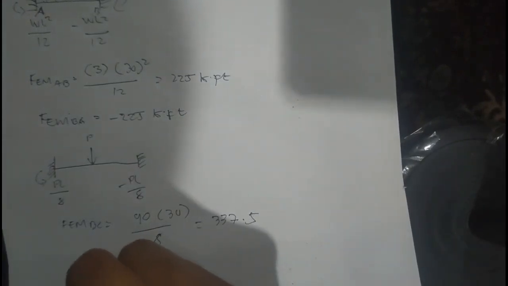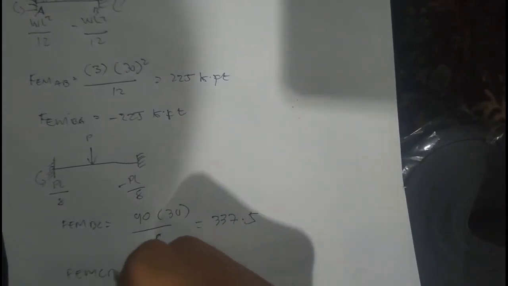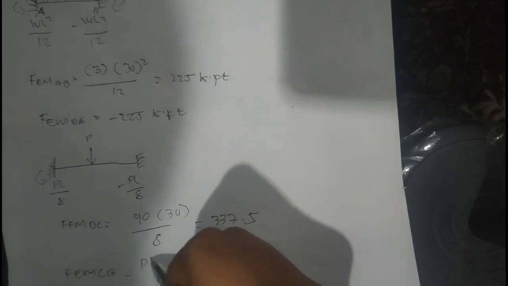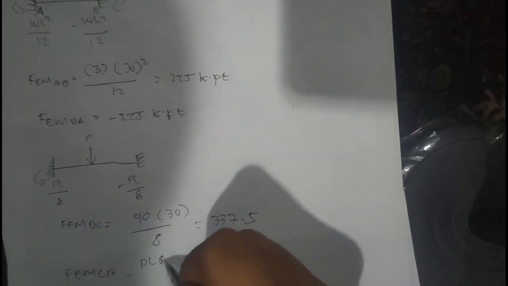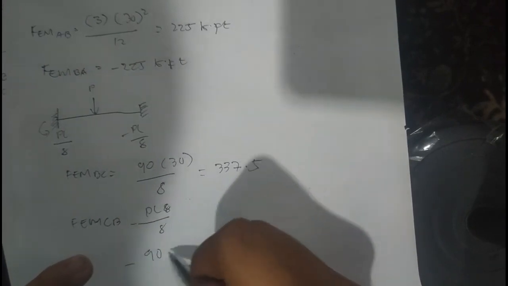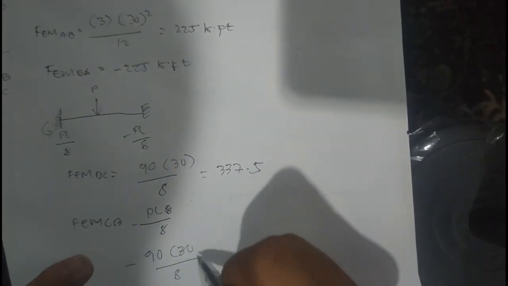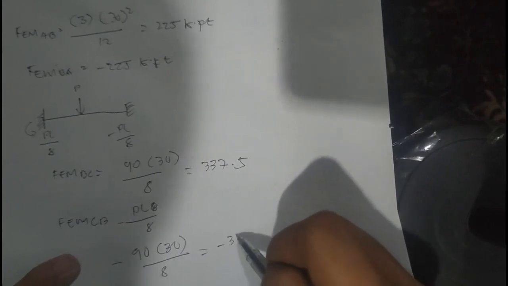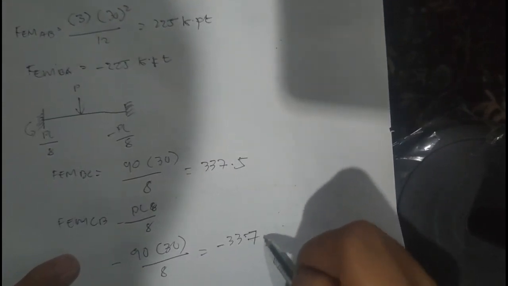Then FEM_CB equals negative PL over 8, negative 90 times 30 over 8 equals negative 337.5.